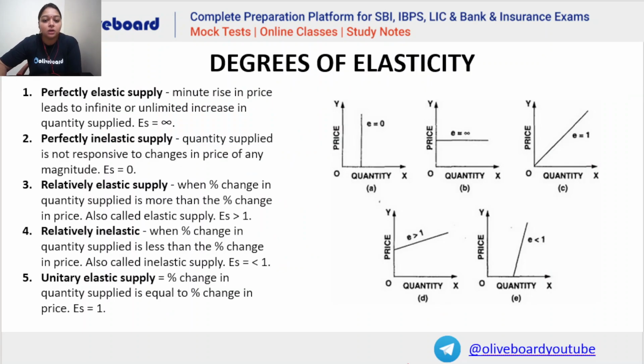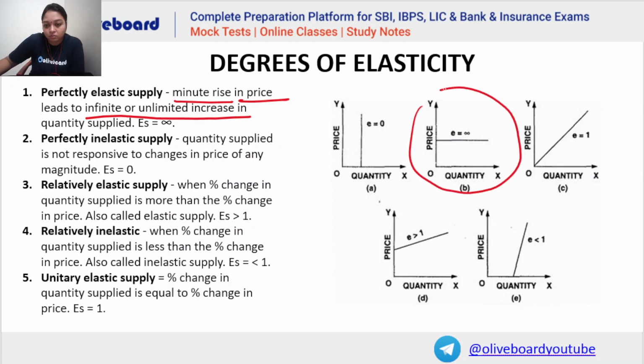Okay. Now, degrees of elasticity. What is perfectly elastic supply, right? Even a minute rise in price leads to infinite or unlimited increase in quantity supplied. This one. This is perfectly elastic. Even a 0.1% increase in price will lead the producers to increase their quantity supplied to infinite or unlimited, right?